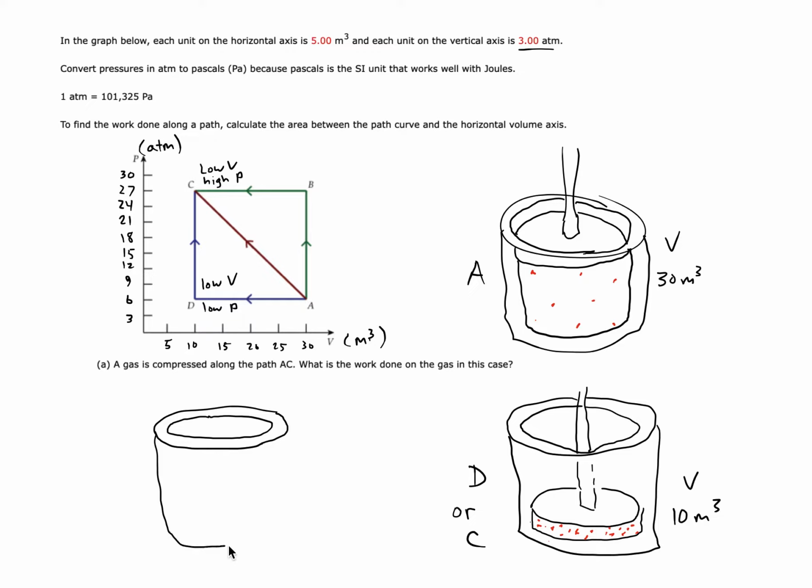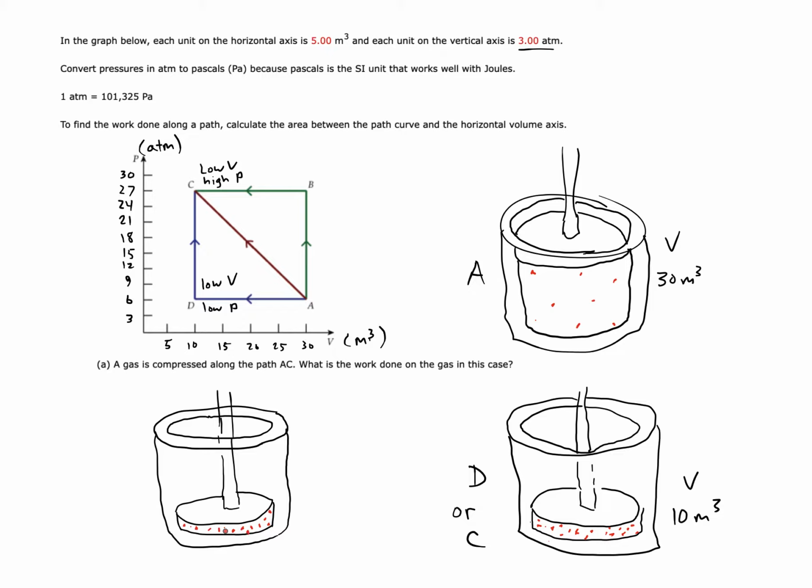And visually, it would be hard to tell the difference, because the piston would still be lowered to the same position. And then you've got some particles. Now, since the gas is contained inside the cylinder, particles can't escape.